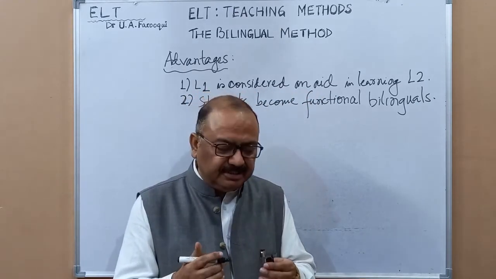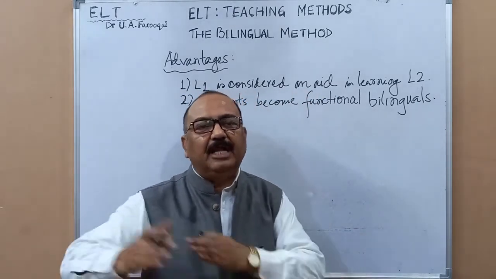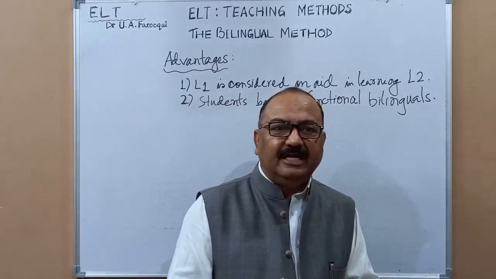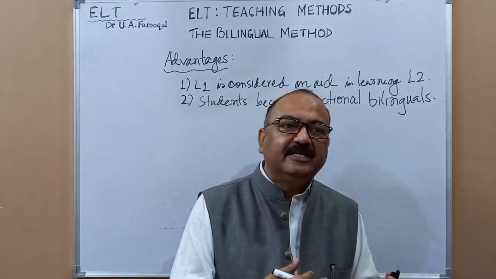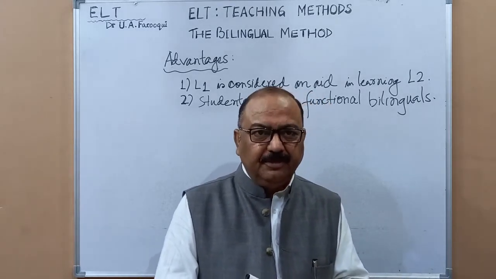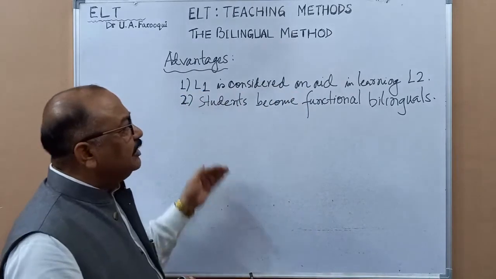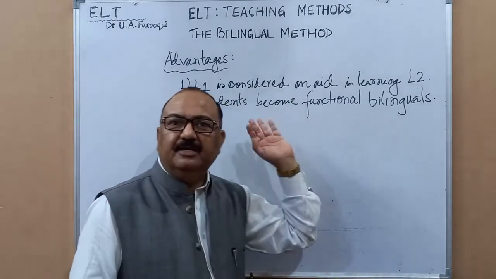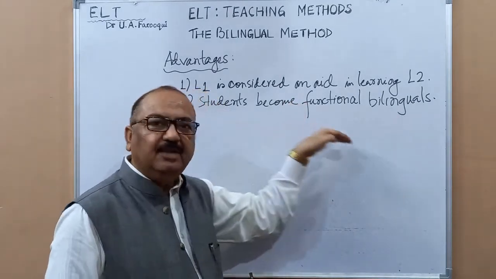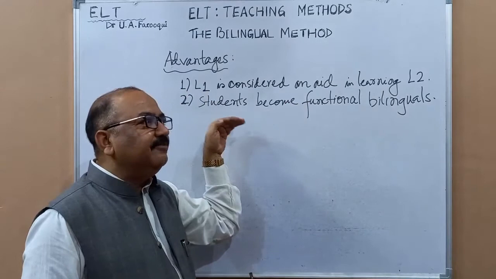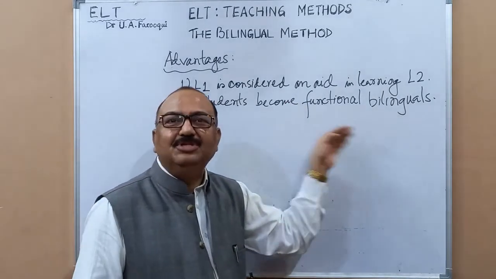As a competent teacher moves from L1 to L2, these students imitate him and learn the target language with perfect ease and become functional bilinguals. So it's not that the teacher, as I told you earlier, is all the time speaking the mother tongue. He moves from L1 to L2, from the known to the unknown.